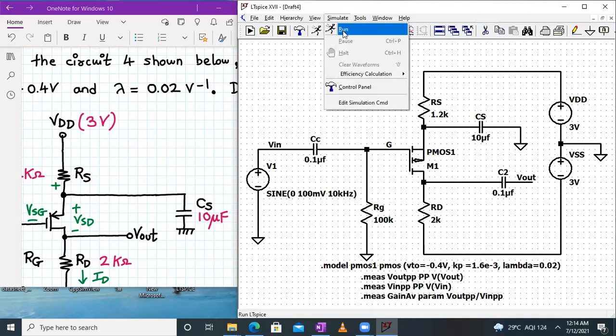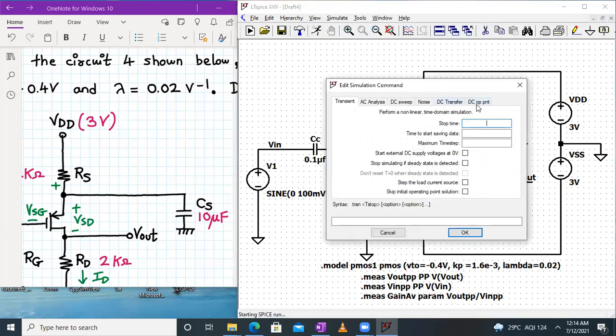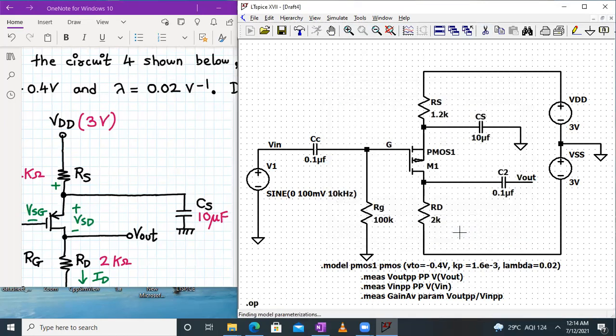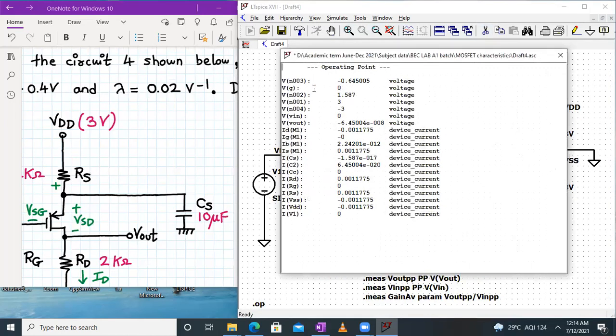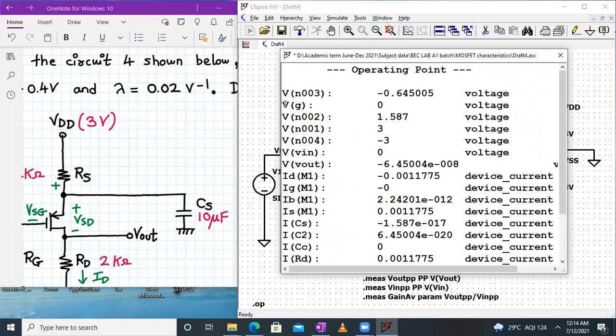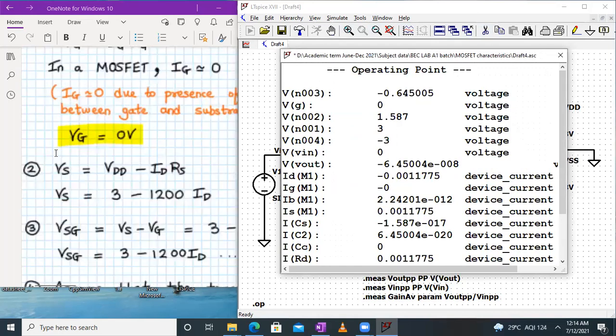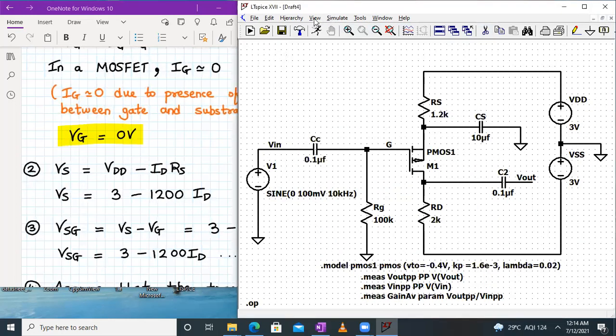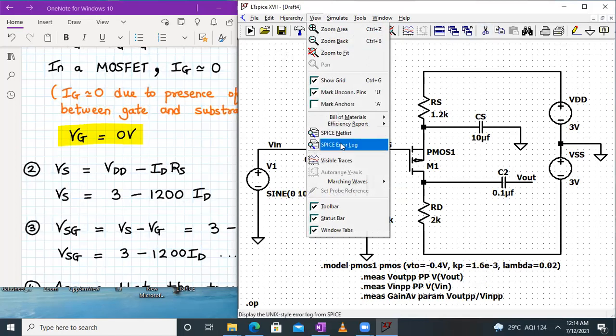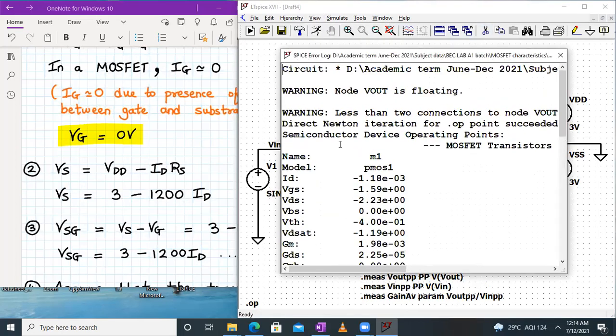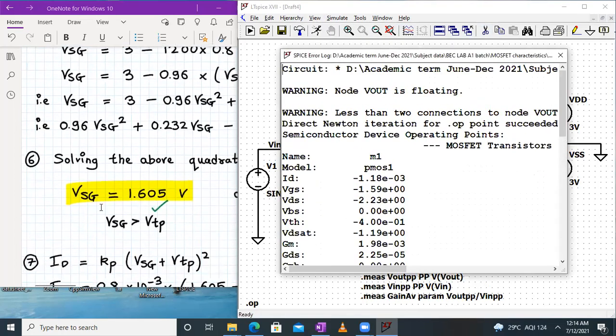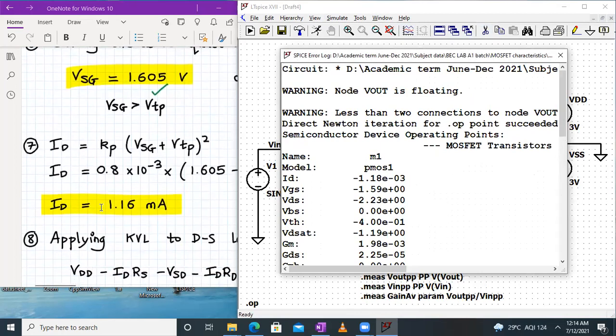And now I will go to simulate, click on run, click on the DC operating point and click on OK. Fine. As you can see, the gate voltage comes out to be 0 as we have predicted. Here it is. Gate voltage is coming out to be 0. To check the remaining values, go to view, go to SPICE error log. And here you will get the value of ID and VSG.